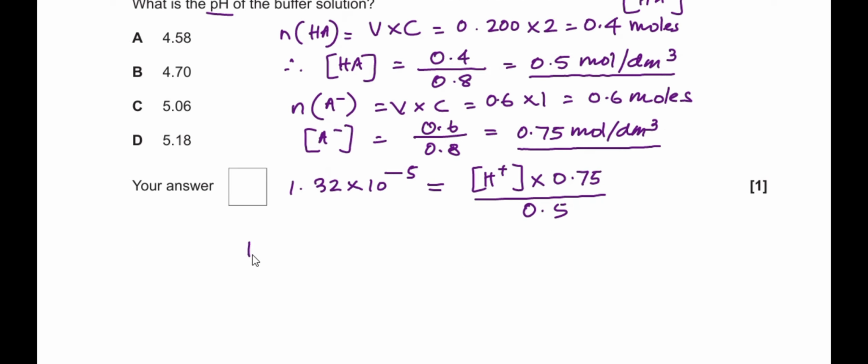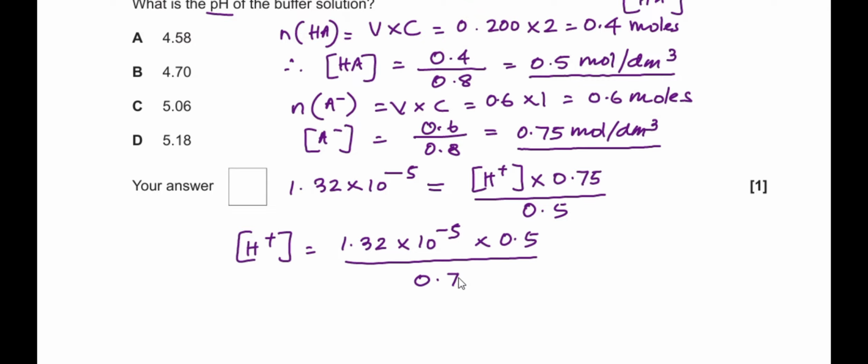Rearranging this, we get hydrogen ion concentration is equal to 1.32 times 10 to the power of minus 5 times 0.5 whole divided by 0.75. That gives us 8.8 times 10 to the power of minus 6 moles per dm cubed.